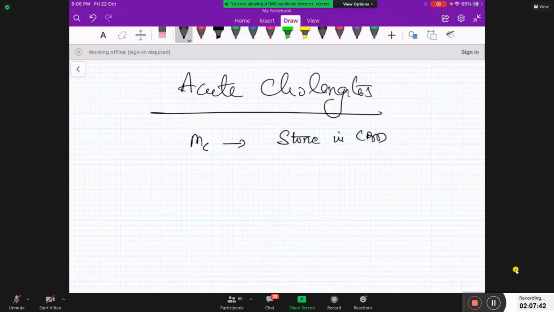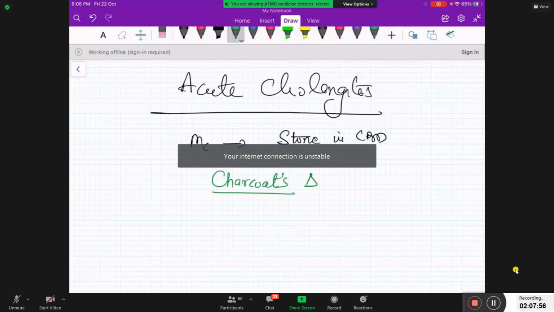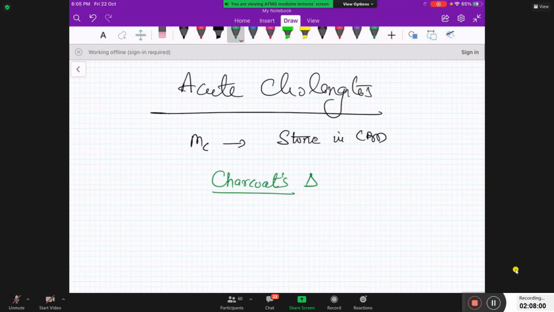And how does a patient of acute cholangitis present? A patient of acute cholangitis presents to us with a triad called Charcot's triad.